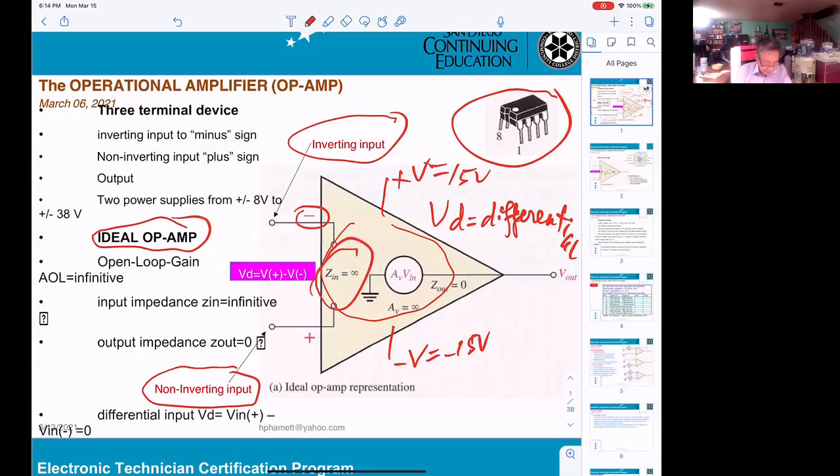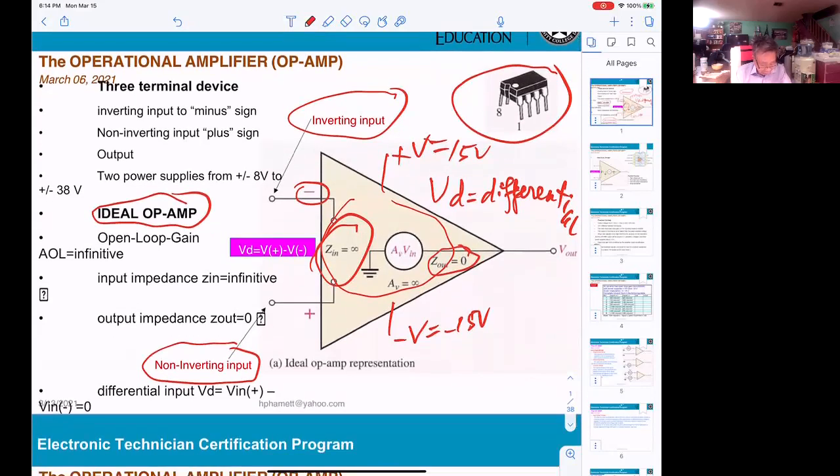The output impedance, they want it to be 0. And also the differential input VD equals V in at the positive minus V in at the negative, equal to 0. That's what they want.